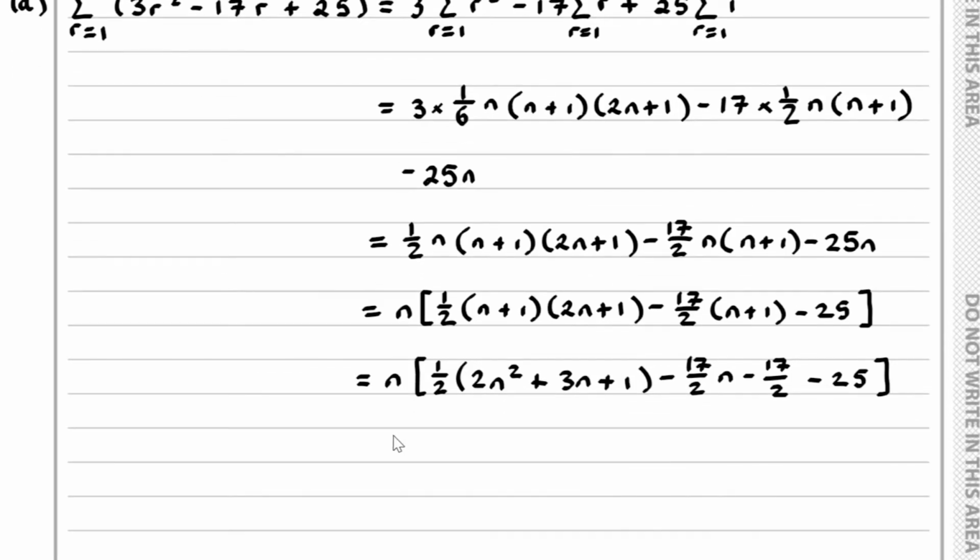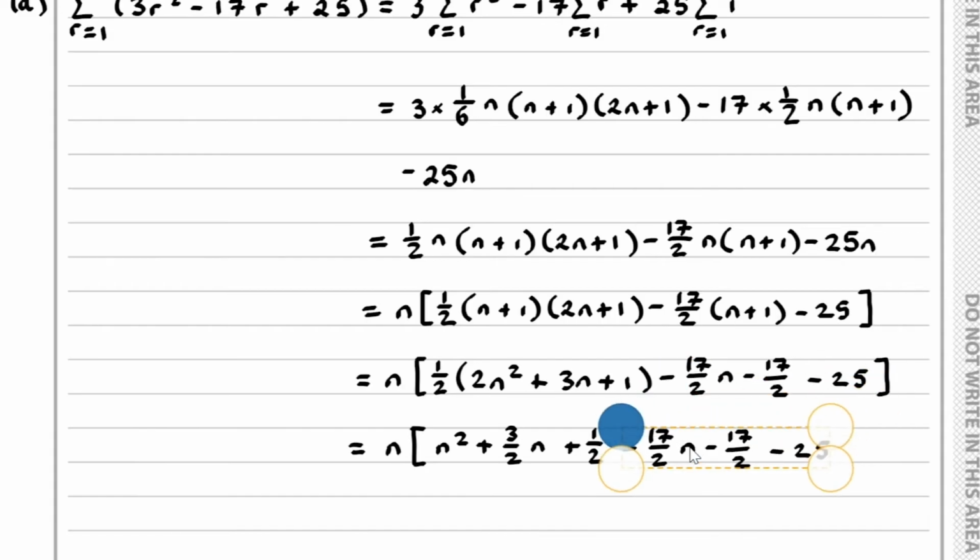And then if I multiply the half into this bracket, I have n multiplied by n squared plus 3/2n plus 1 half, and then the rest of it stays the same. We then subtract 17/2n, subtract 17/2, and then 25.